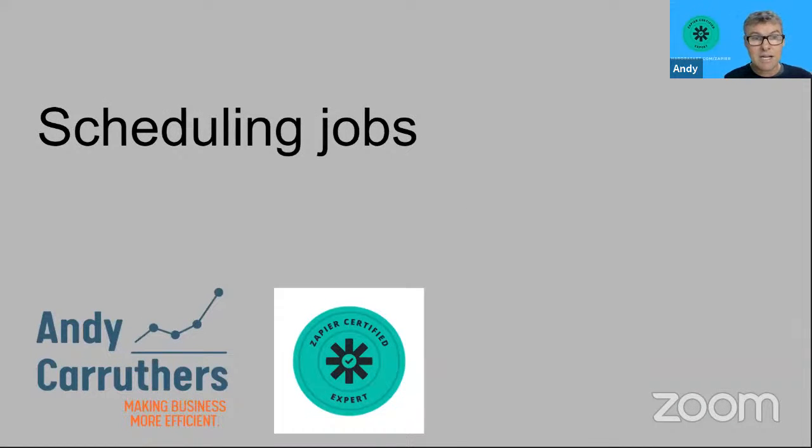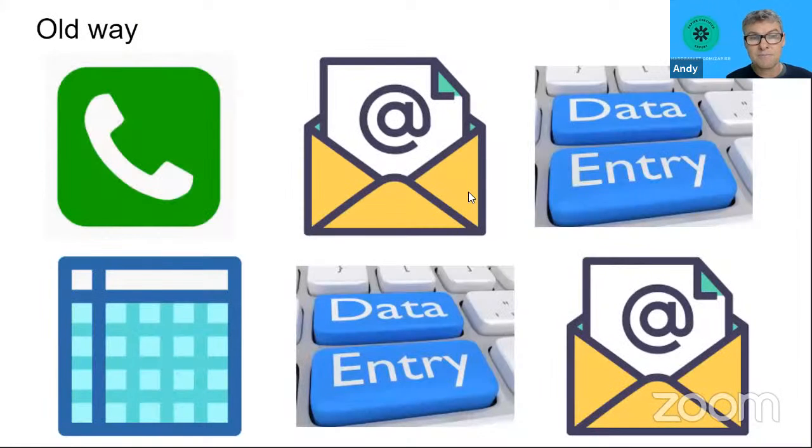I've got another Zapier example here around scheduling jobs. The old way that this business used to manage scheduling jobs is that we'd receive a phone call from a customer, there would be some emails, and we were using spreadsheets to manage that information and to create a schedule for the team for when to produce and install these particular jobs.